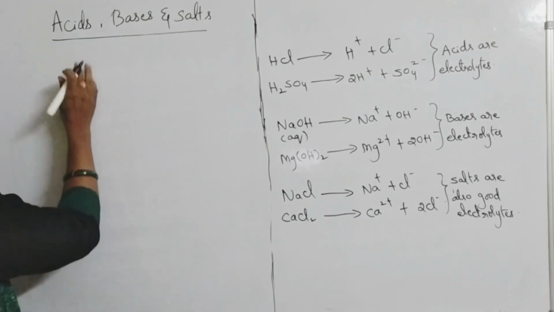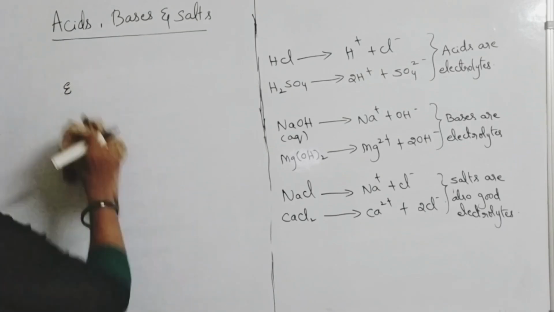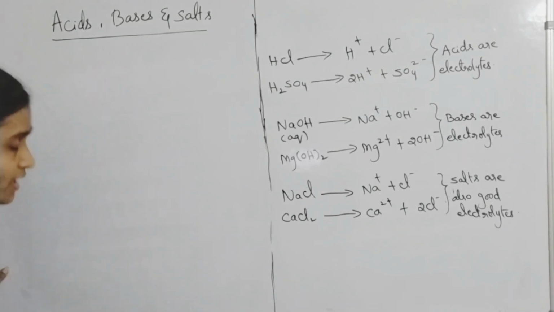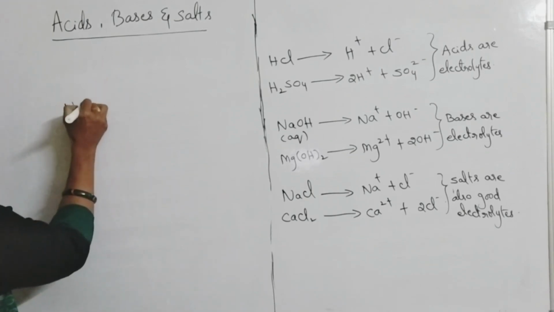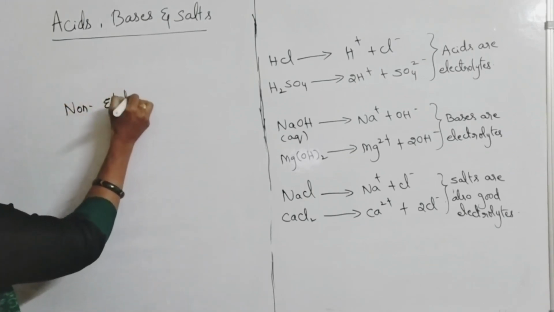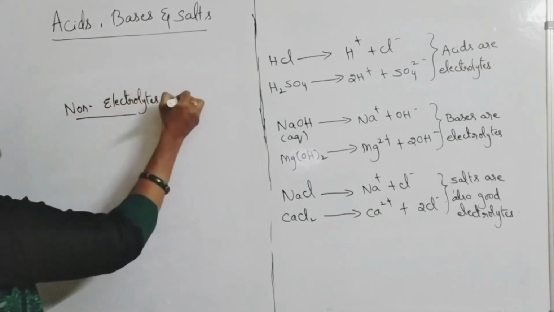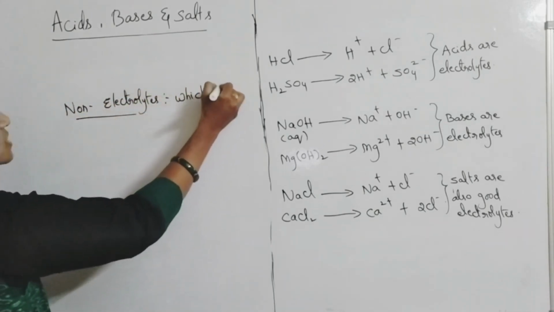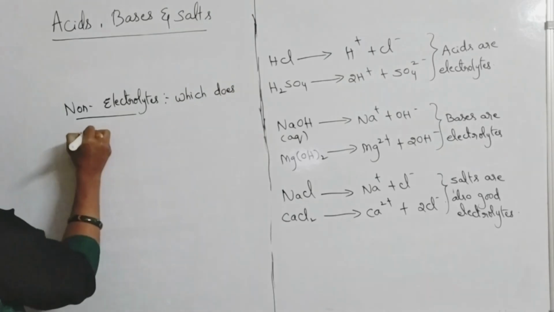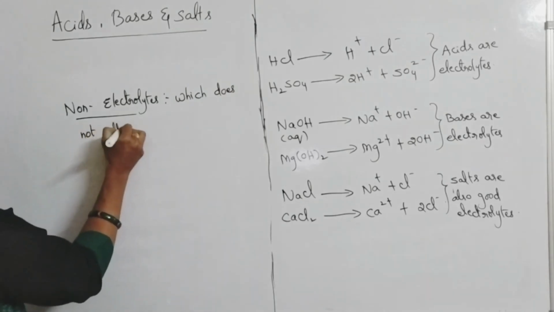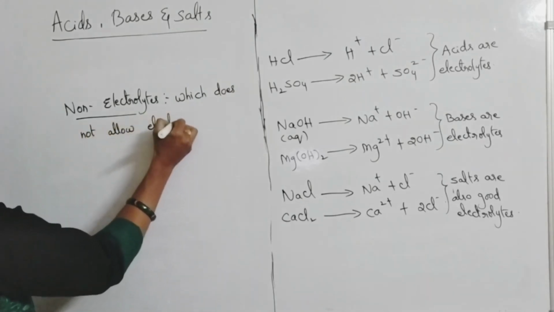Such substances are called non-electrolytes. What are non-electrolytes? Substances which do not allow electricity to pass through them.